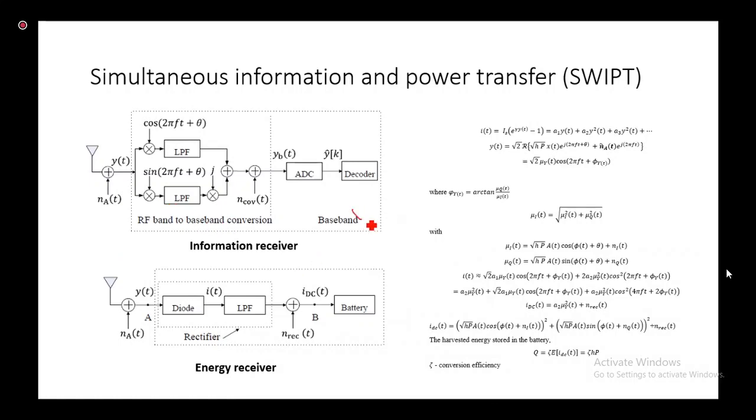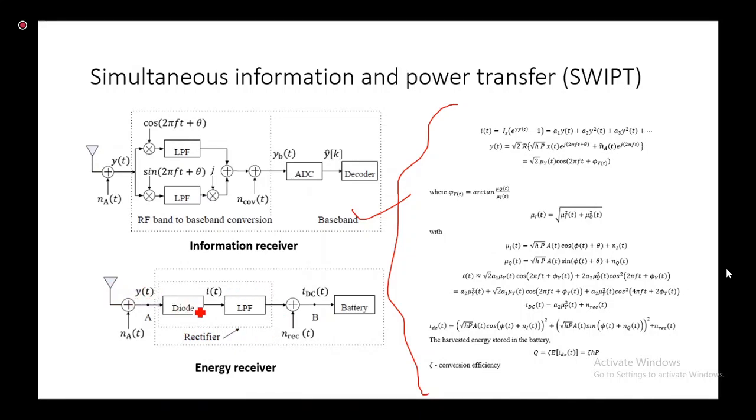We know how an information receiver works. Now, generally, how an energy receiver works. There is some mathematics behind that. You could see a diode, a nonlinear device, is connected, followed by a low pass filter.